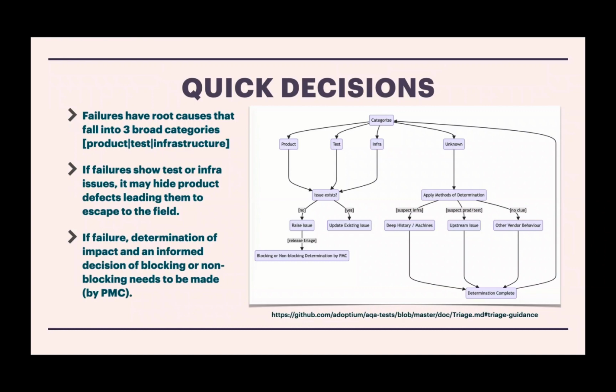And that determination is not necessarily straightforward, and that's typically done by a PMC member or members of the PMC. This little diagram here shows some of the ways that we could try to determine and categorize issues. You can find this in our documentation.